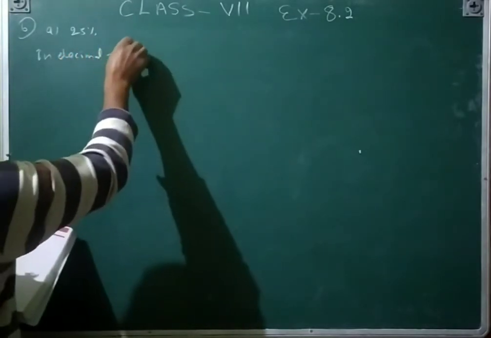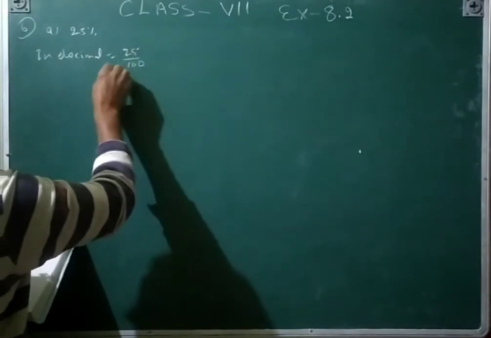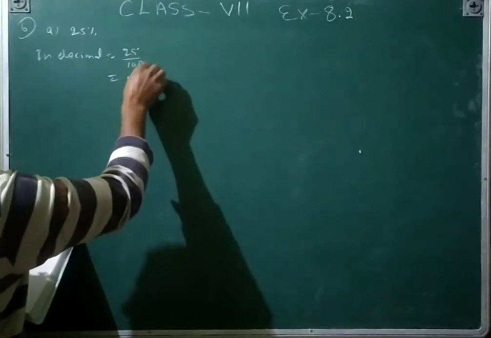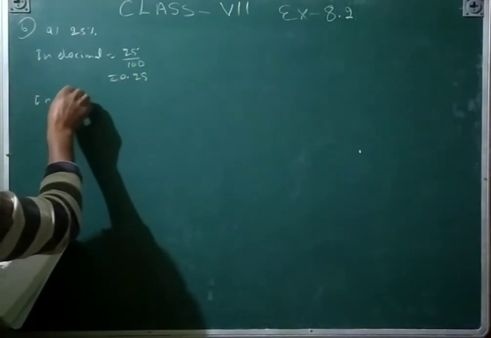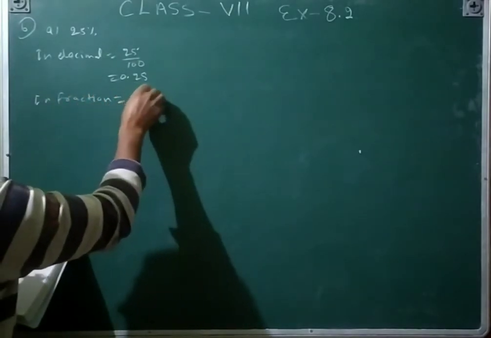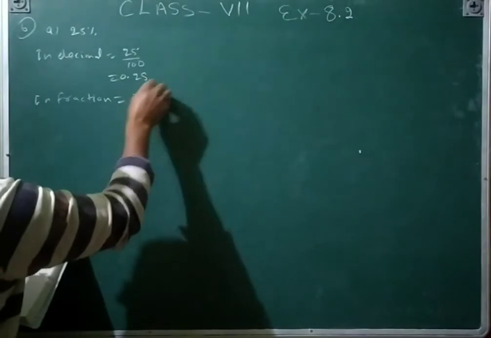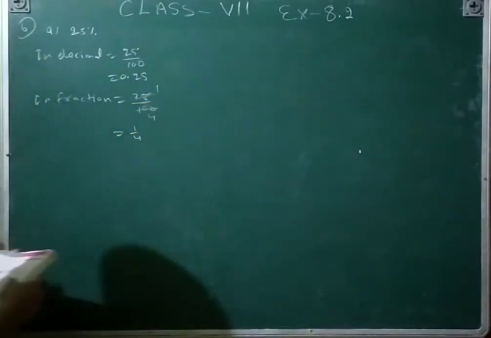Decimal is equal to 25 upon 100, that is decimal 0.25. In fraction that will be 25 upon 100. Same thing, 25 1s are 25, 25 4s are 100, that is 1 upon 4.